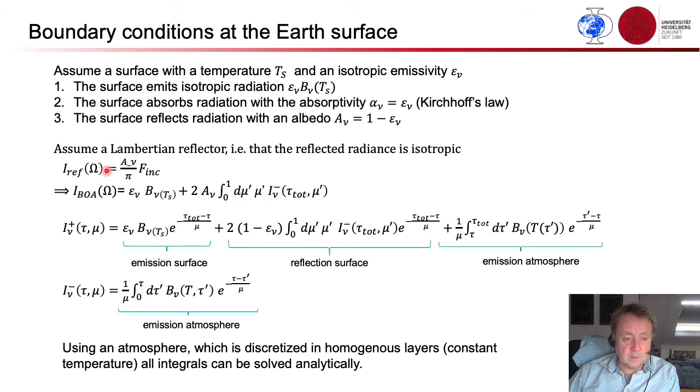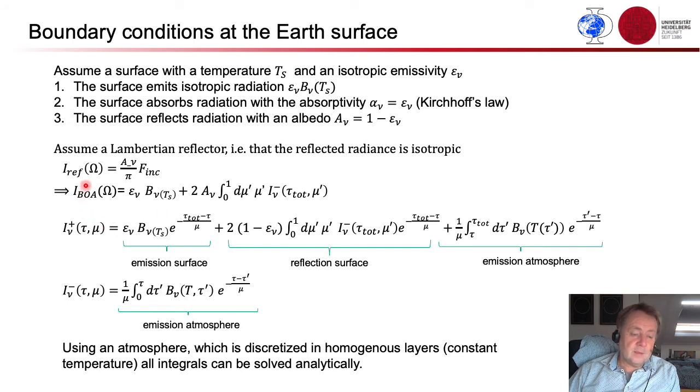And you may ask what has happened with the pi. The flux is an integral over the azimuth and the zenith, and the integral over the azimuth we can already calculate. That gives a 2 pi. So that's why this pi went away, and instead of that we have this factor 2 here.